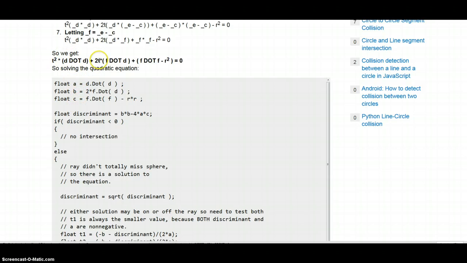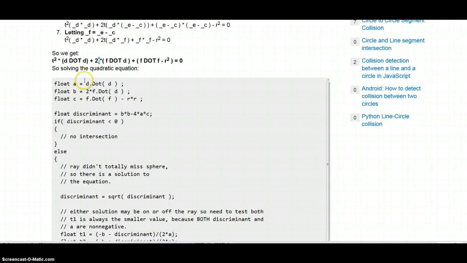The T's are left out because, at least to my knowledge, they are just user-determined values which represent the point on the ray line.